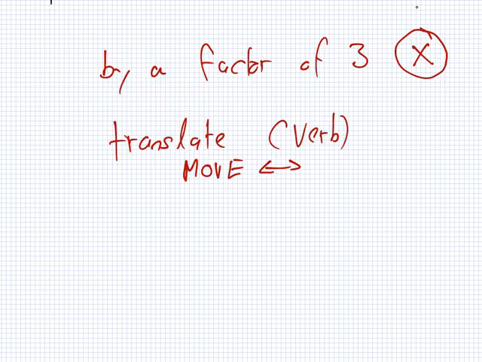Compress is fine. And this one is expand. So we expand by a factor of 3 on the y-axis, and we translate 90 degrees to the right on the x-axis. And what's another verb for translate? Move. And another verb? Shift. Yeah. Okay.